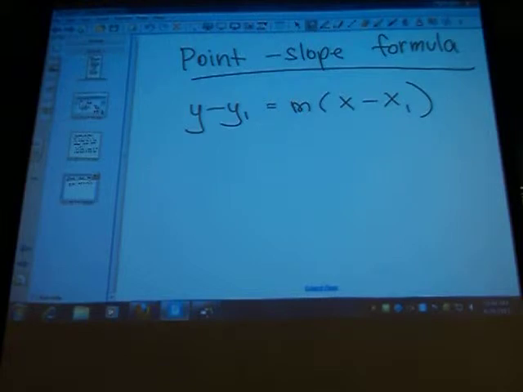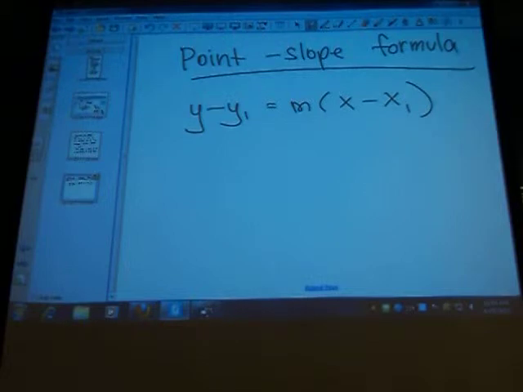That's y minus y1 equals m parentheses x minus x1. This looks complicated. It's not that complicated. There's three things you plug in for. You plug in for x1, y1, and m. X and y are your variables. They need to stay there.